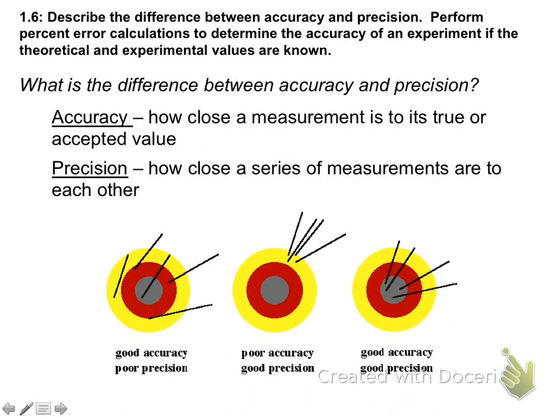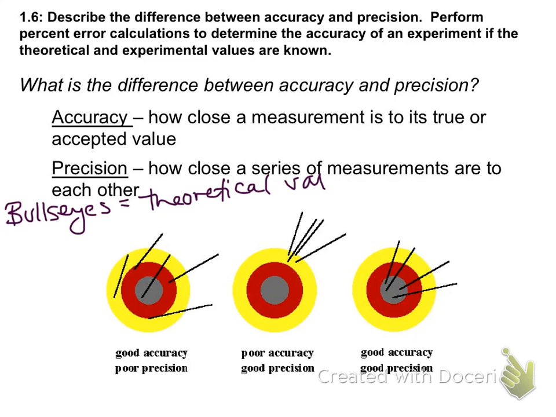These bullseyes here kind of represent some different situations in the lab, or these targets, I guess. What we want to think of as the bullseye is our theoretical value. So what we should get. And all of our arrows are our measurements.